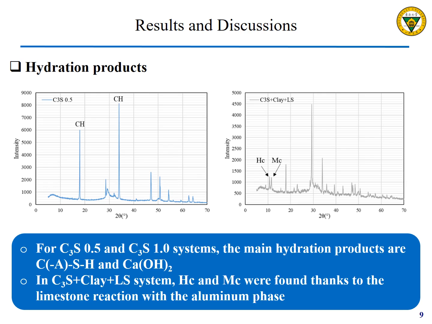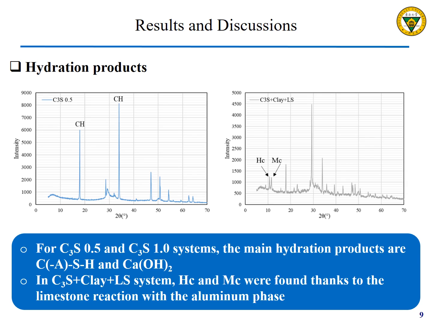The binding capacity difference is from the phase difference. Here, we do some research on the hydration products. As shown in the figure, the hydration products are quite different in different systems, especially for the AFm phase. For C3S 0.5 and C3S 1.0 systems, the main hydration products are C-S-H and calcium hydroxide.